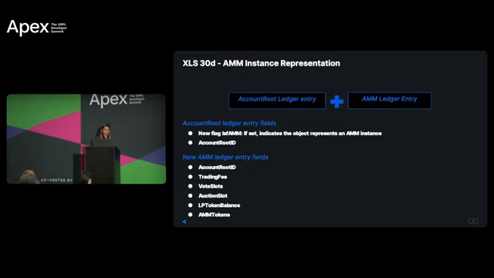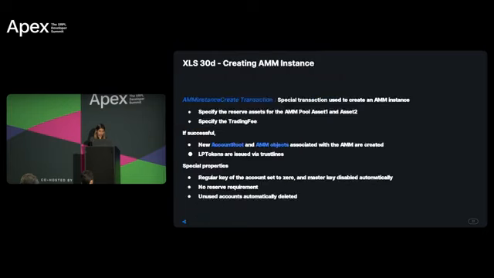Auction slot keeps track of the auction for the AMM instance. LP token balance specifies the outstanding number of LP tokens that belong to the specific AMM instance, and AMM tokens just specifies the tokens that this pool consists of. And this is mostly for bookkeeping.